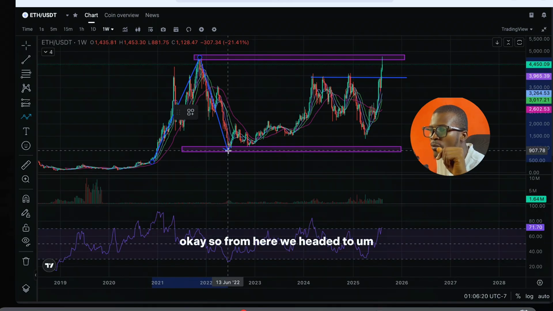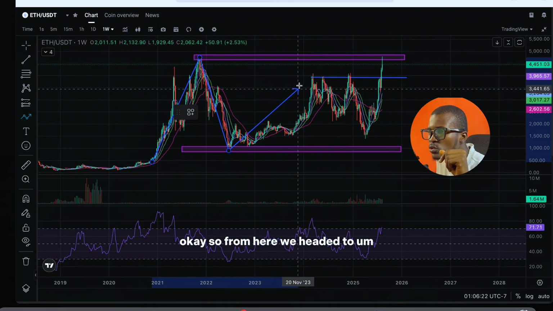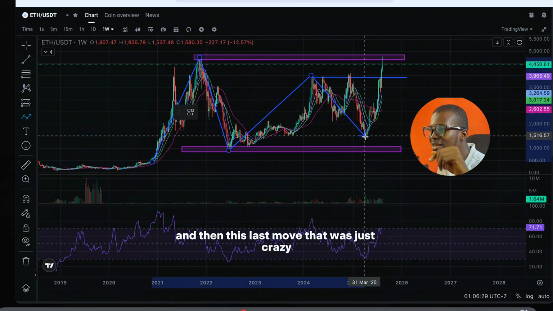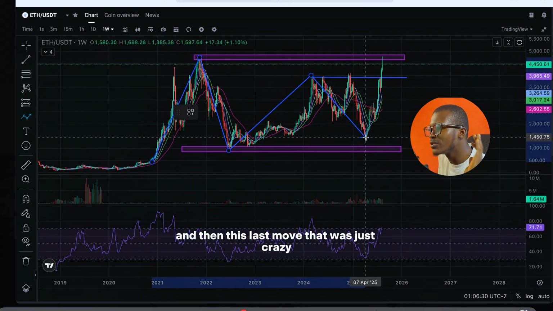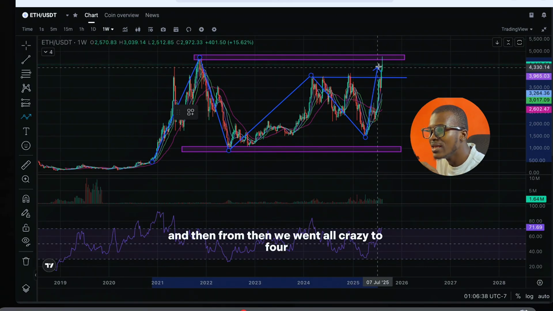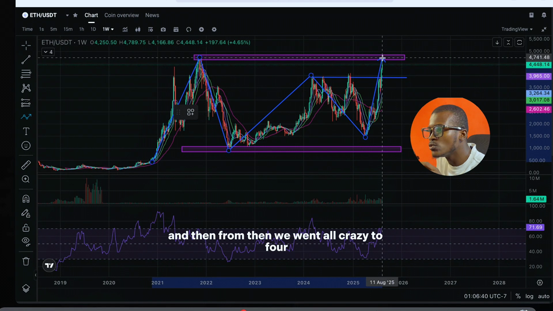So from here we headed to 4,000, and we came back again, and then this last move was just crazy. We touched down at $1,450, and then from there we went crazy to 4.8.